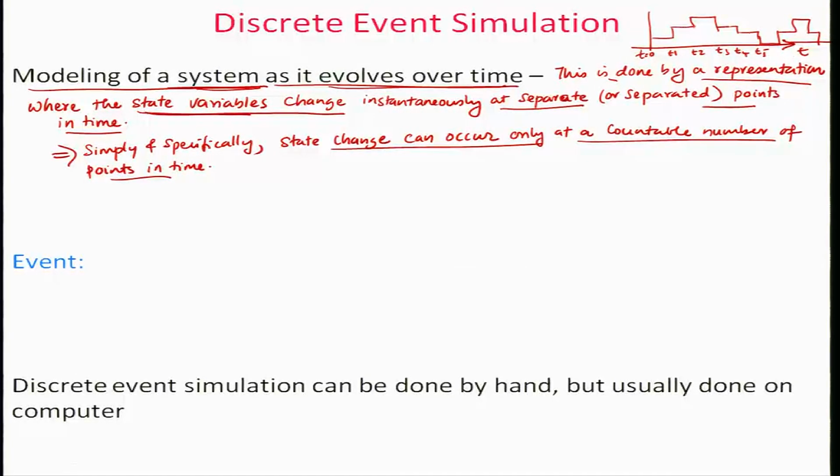You can say how many events happened: 1, 2, 3, 4, 5, 6, 7, 8, 9, 10. You can actually count. You can say that here is T10, so 10 events have happened. Because of this countable number of points in time, you can do this, and these time points are when a particular event, a new word for you, occurs.